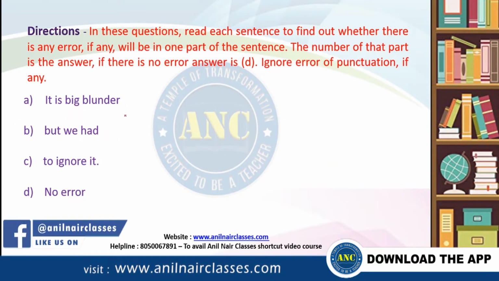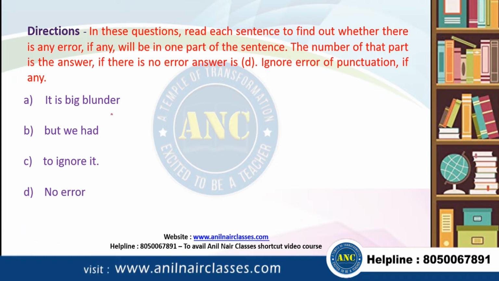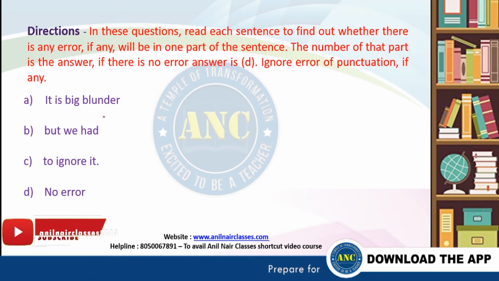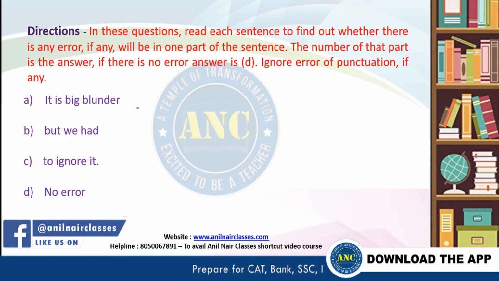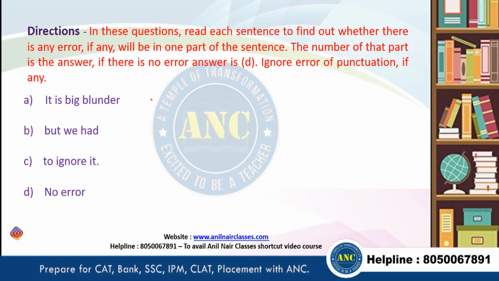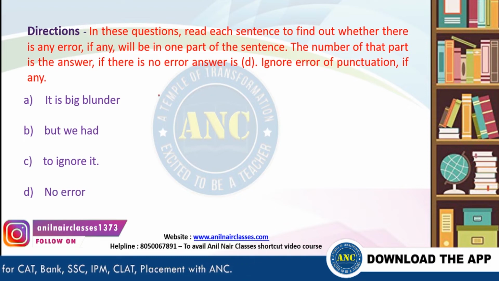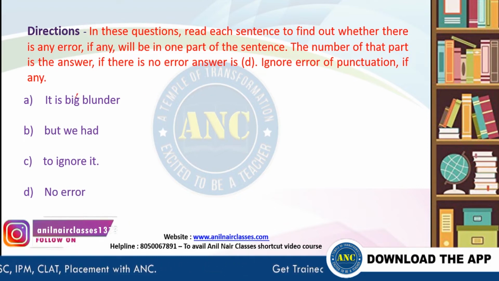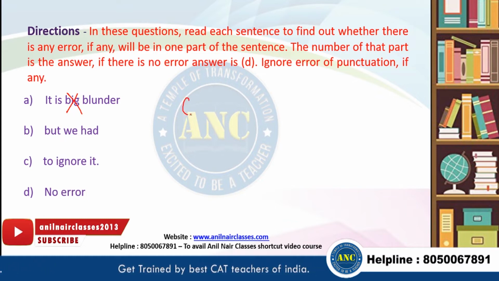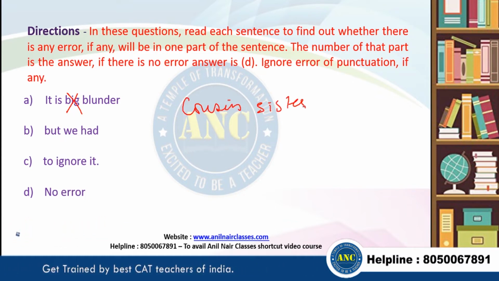It is a big blunder. Remember, there was an expression which we discussed that in colloquial language it is fine, but when you're dealing with the examination, you're talking about a competitive exam, exact grammar is needed. Blunder is blunder. Right? Mistake is mistake. Whether it is big or small doesn't matter. You don't need this big over here. Blunder is blunder. See, we discussed about cousin, sister or brother.